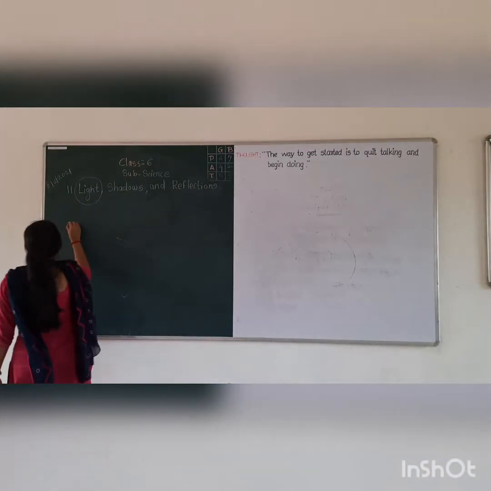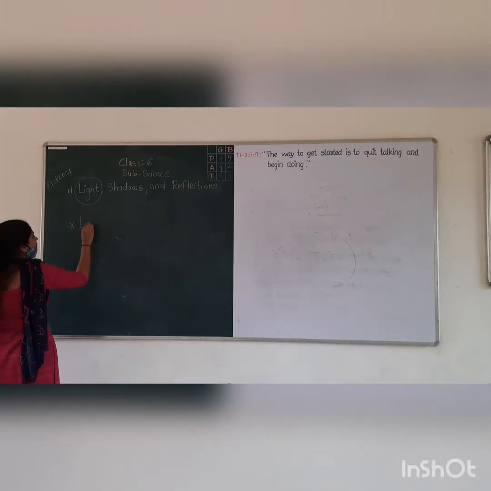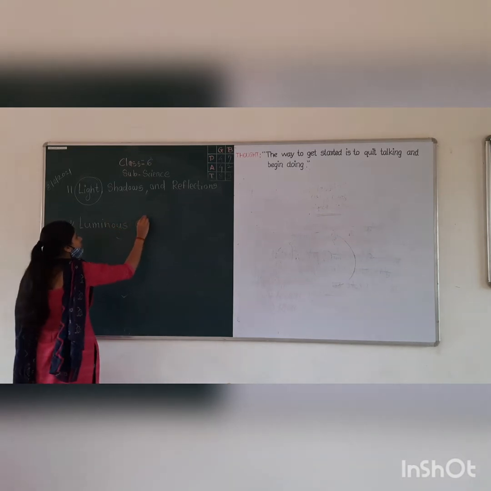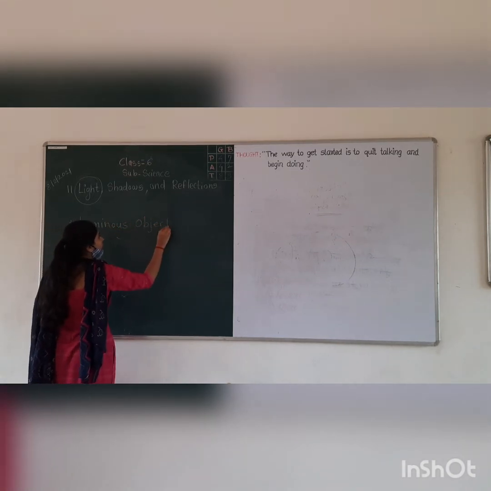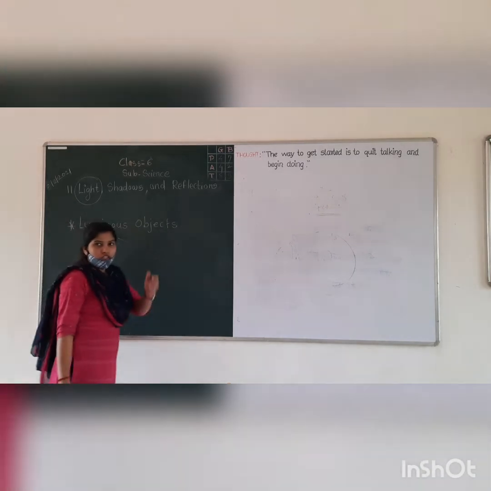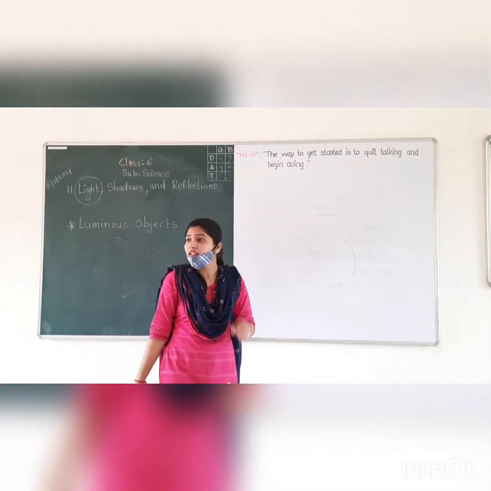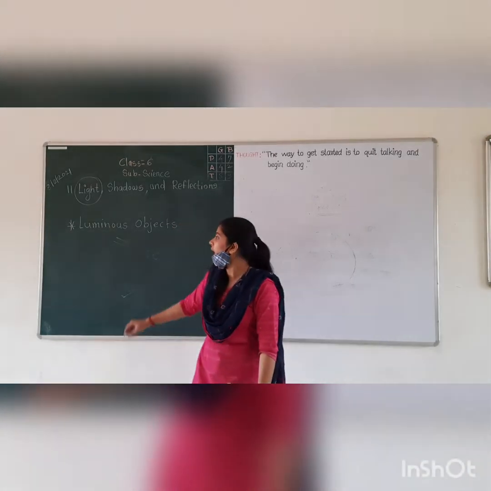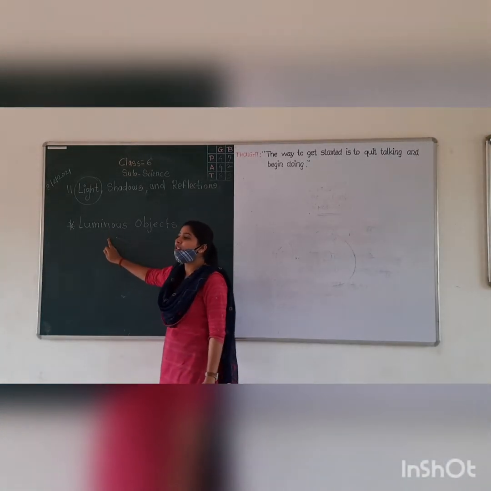Write down this. Luminous objects. Objects that give us light are called luminous objects.